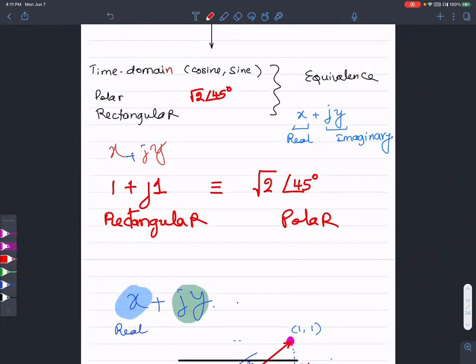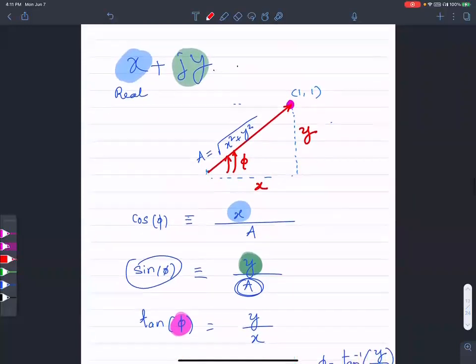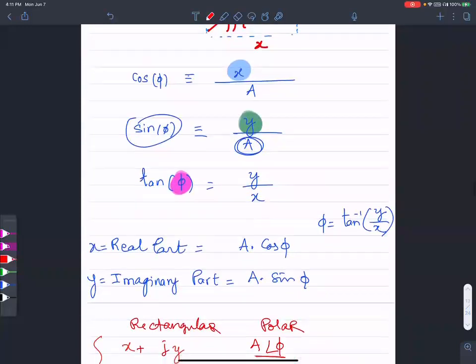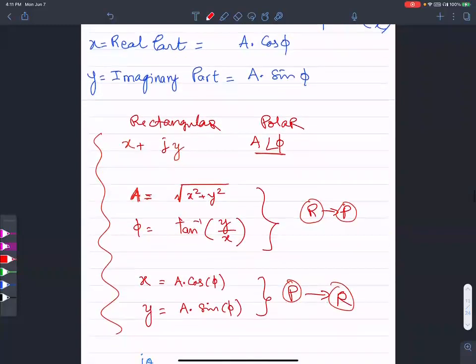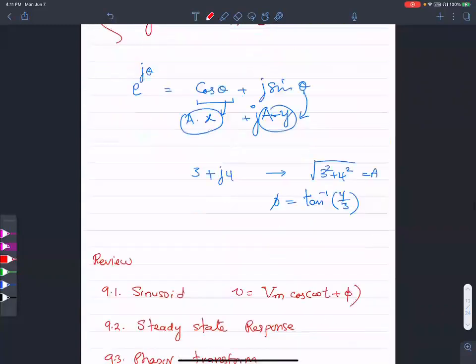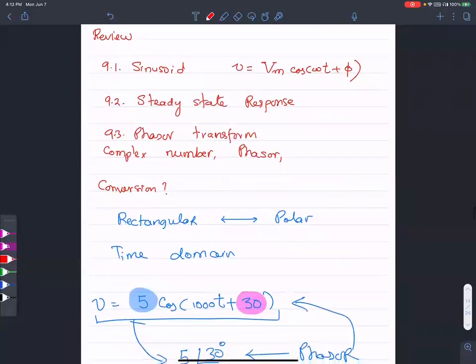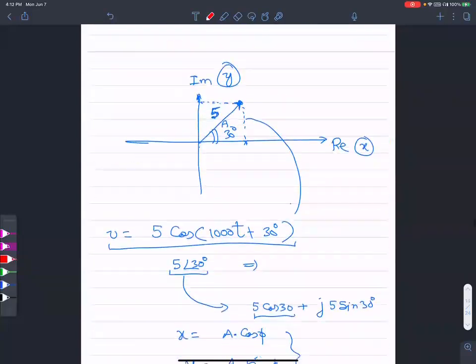Questions? What questions do you have so far? So there's a rectangular form, there's a polar form. You can go back and forth between all of those.